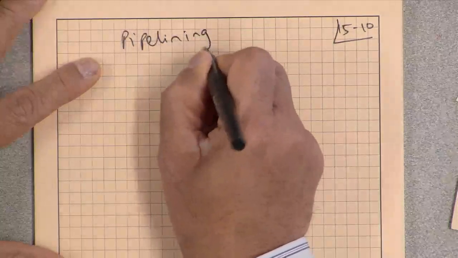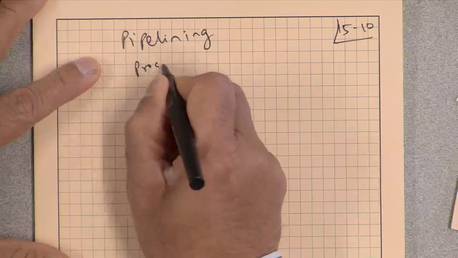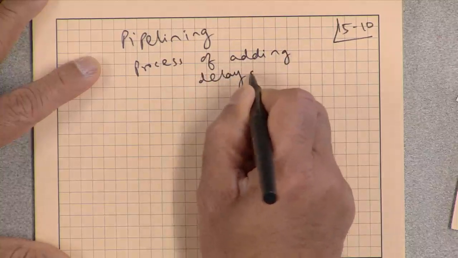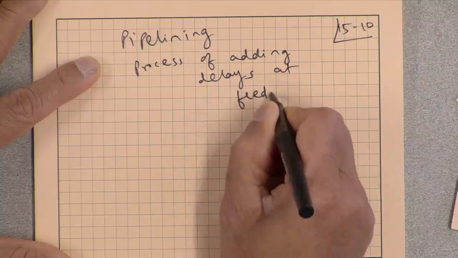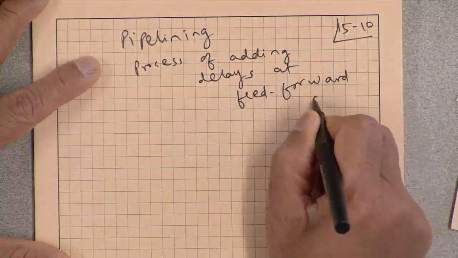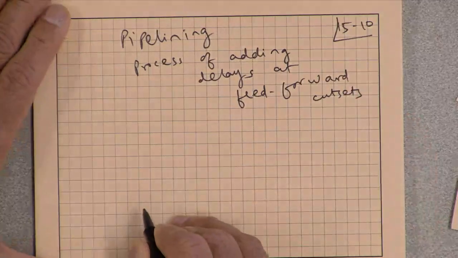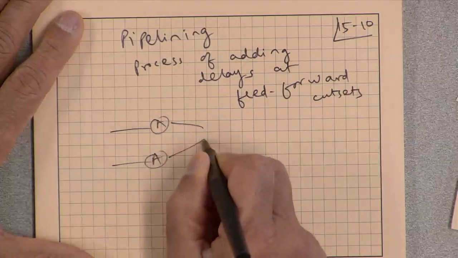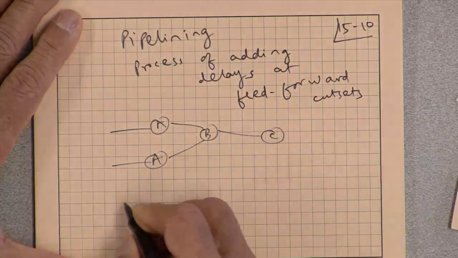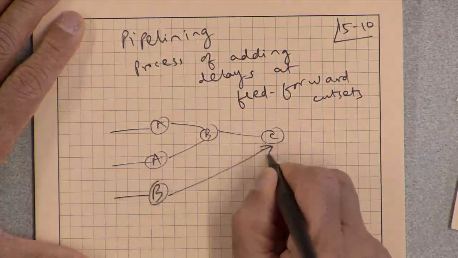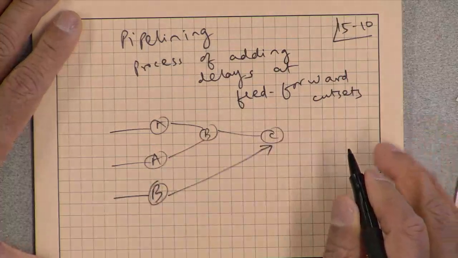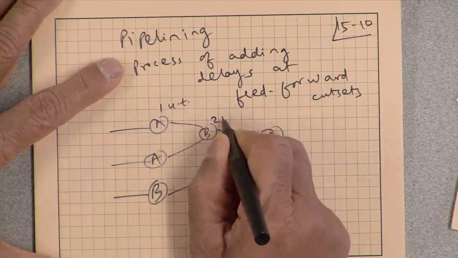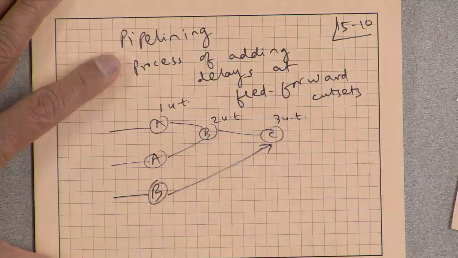So pipelining is the process of adding delays at so-called feed-forward cut sets. It will take a little time to talk about these concepts. Say I have some computation, and there are these nodes: A node takes 1 unit of time, B node takes 2 units of time, C node takes 3 units of time, for example.